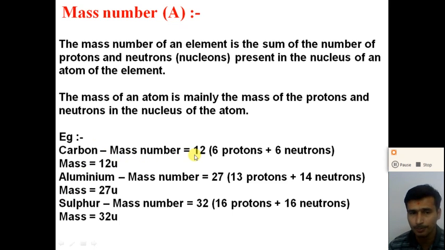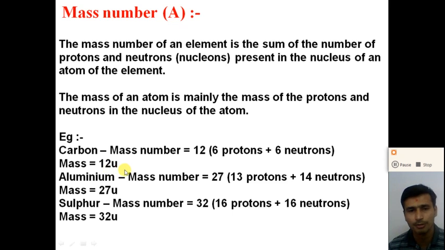So the number of protons plus neutrons in the carbon atom is 12. But the atomic number of carbon is 6. So from the atomic number we get that in the carbon atom 6 protons are there, right? So out of this 12, 6 protons and 6 neutrons are there. So the total mass of the carbon atom is 12 u, 12 AMU.